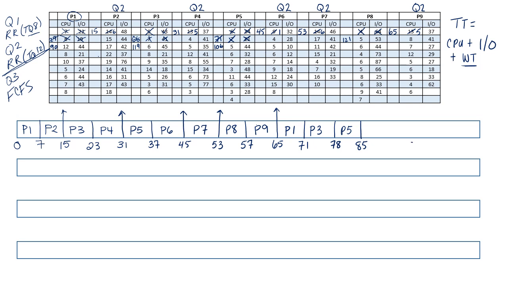So P2 is going to get started, and P2 has a CPU burst of 6 time units. 6 time units is definitely less than the time quantum of 12, so it should be able to do all 6 time units.